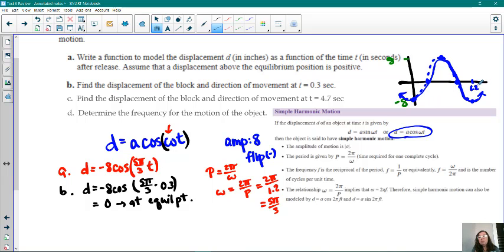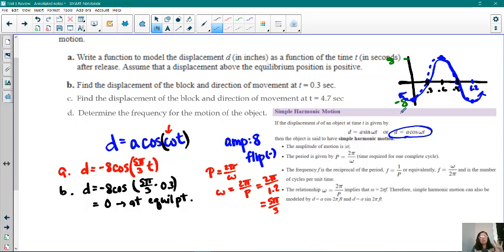If 1.2 is the period, and we've got this divided up into our 4 sections here, then this is going to be 0.3, this is going to be 0.6, this is going to be 0.9 seconds, and that would be 1.2 seconds. So at 0.3, we can actually see that we're at the equilibrium point and we're on the way up.